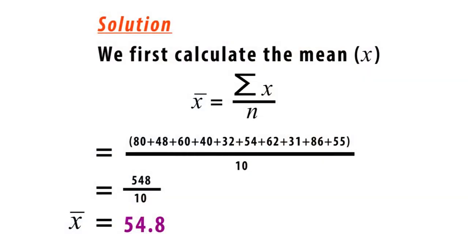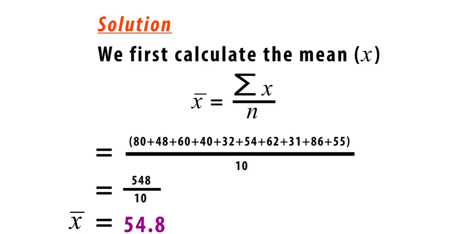Using the formula x bar equals sigma x over n. The sigma x is 80 plus 48 plus 60 plus 40 plus 32 plus 54 plus 62 plus 31 plus 86 plus 55, divided by 10. When we simplify it, I had 548 divided by 10. Further simplification, I had 54.8.